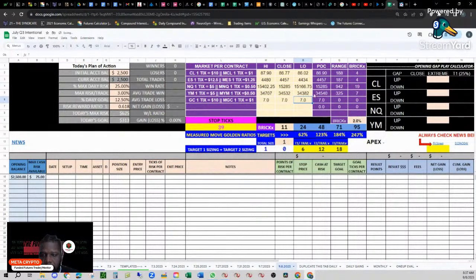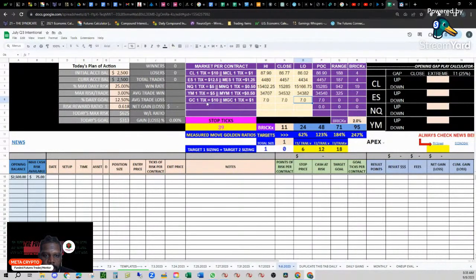So it tells me that I should have a seven brick size, which is 2%, seven brick size for the YM. And then we're going into gold coins. There are other markets. We're going to have to update this to put RTY and natural gas on there because we do trade those as well.